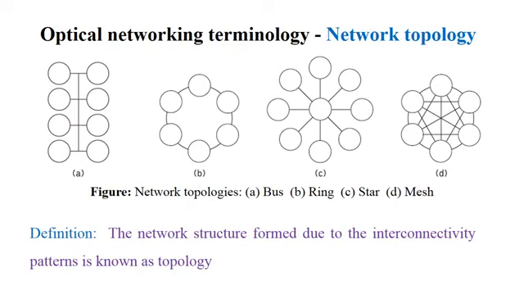In the star topology, there will be a center node from which to all other nodes there is an individual connection, forming a star-like structure. In the mesh topology, it appears on the outer side as a ring topology, but internally each of these nodes has a point-to-point connection with each other node present in the complete network.